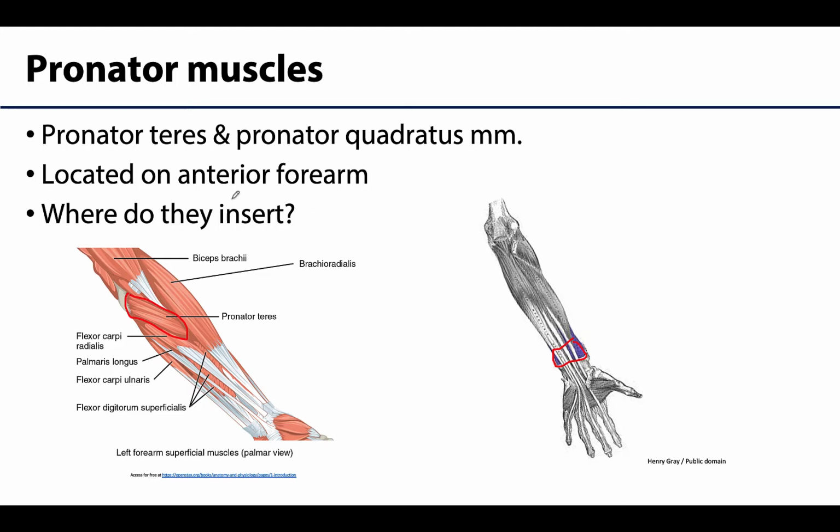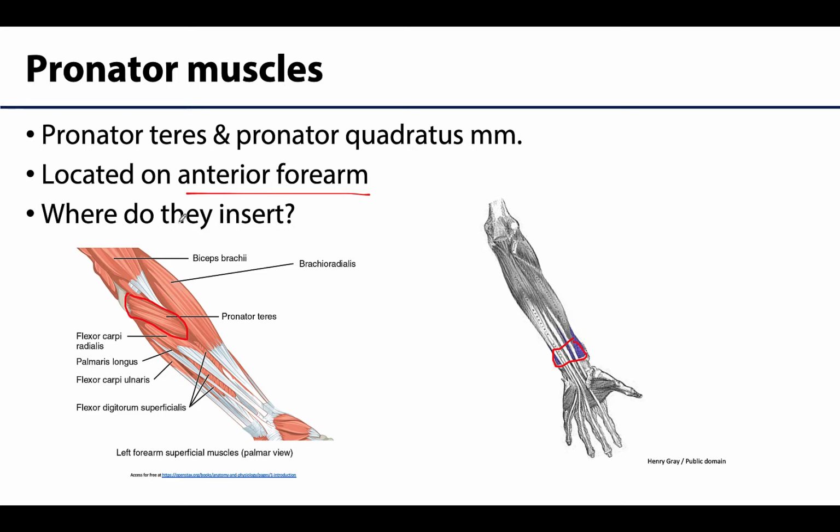And these, as I mentioned, are located on the anterior forearm, so kind of part of the flexor pronator compartment. And this is a pronator muscle, meaning that it's going to play a role in terms of either moving the proximal radial ulnar joint or the distal radial ulnar joint. But if you think about muscle attachments and the distal attachment, or the more movable attachment, where would these insert?